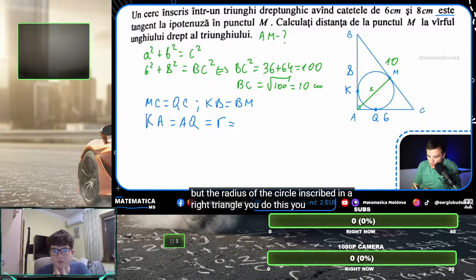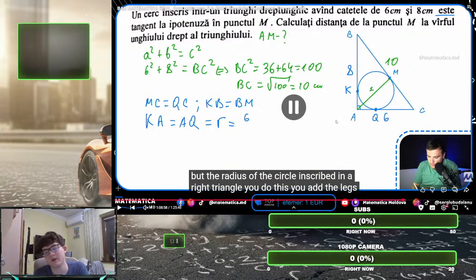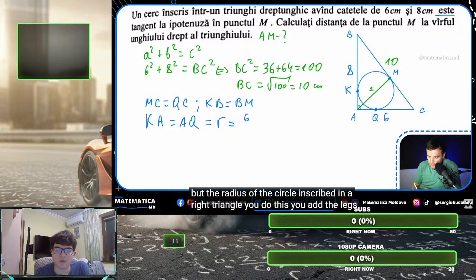And equal to that thing that I told you, the diameter divided by 2, which is the R. So how do I understand MC is QC?